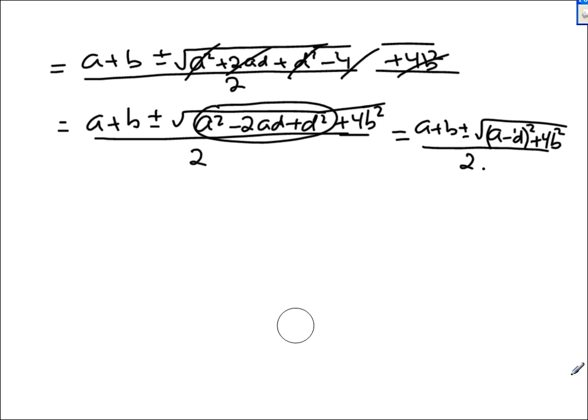Okay, so we figured out what lambda is. And the next line I'm going to say that what's underneath the square root sign is non-negative. A minus D squared is greater than or equal to 0. 4B squared is greater than or equal to 0. You keep adding these things that are greater than or equal to 0, you get greater than or equal to 0.